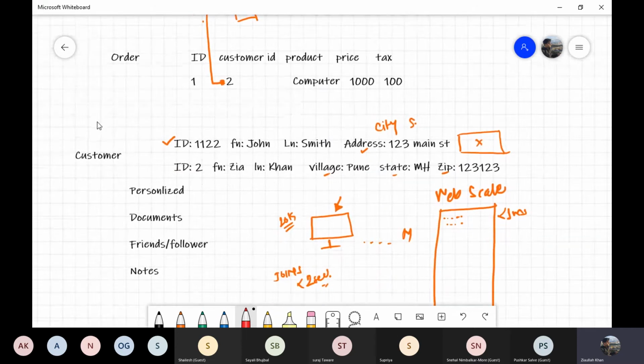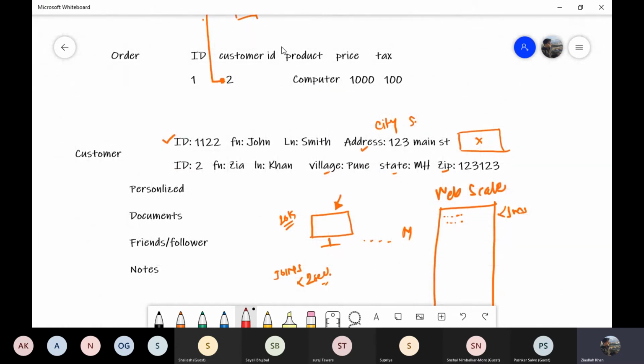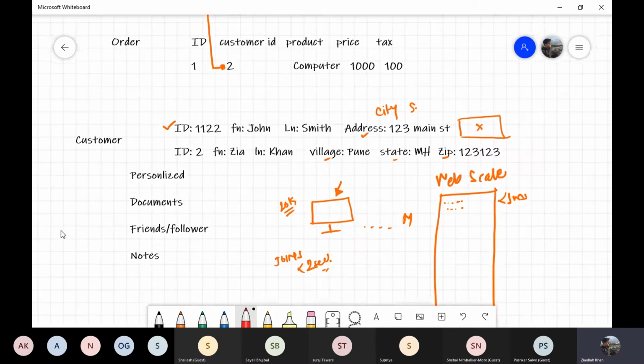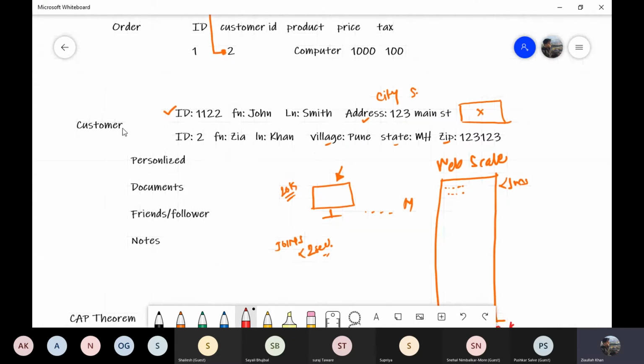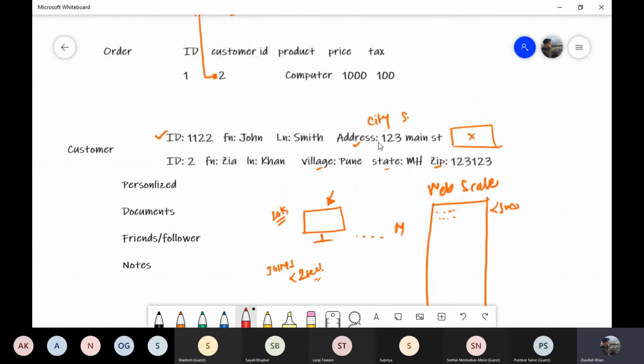This information is going to give me the result, but that is not how you would always want to store information. Suppose in two different regions, people have two different ways of storing addresses.